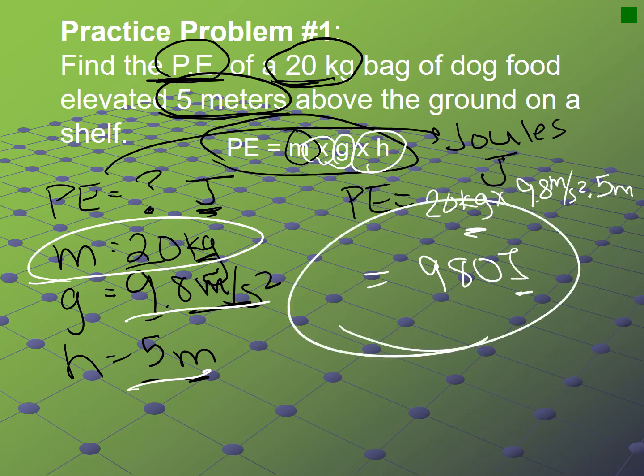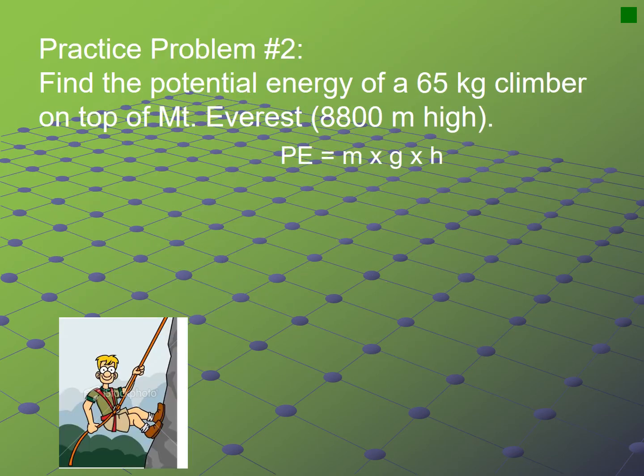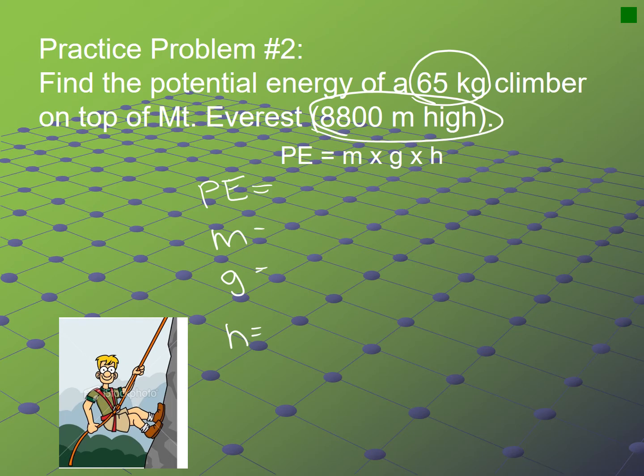Make sure you answer with a unit. Okay, so let's try a different practice problem. Find the potential energy of a 65 kilogram climber at the top of Mount Everest. Now we're going to plug into our different variables: potential energy, mass, G, and H. Once again, I'm asking you to solve for potential energy, so that's going to be my question mark.